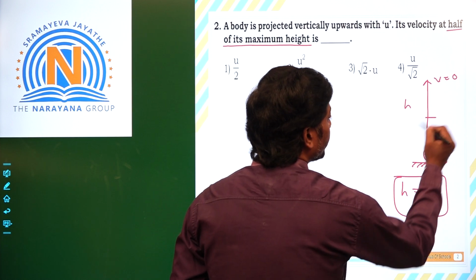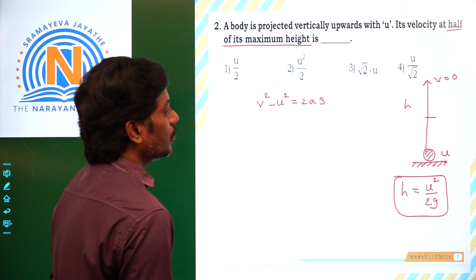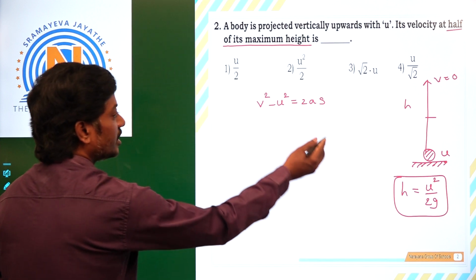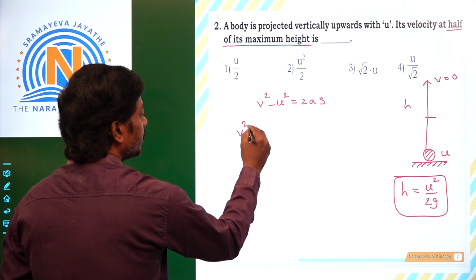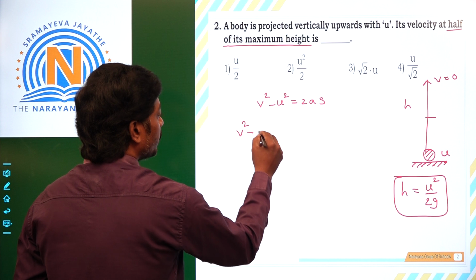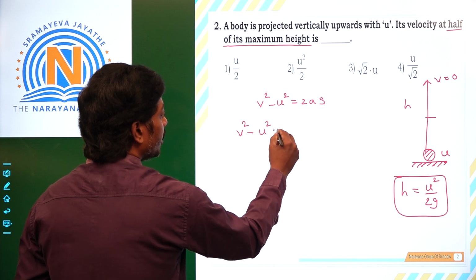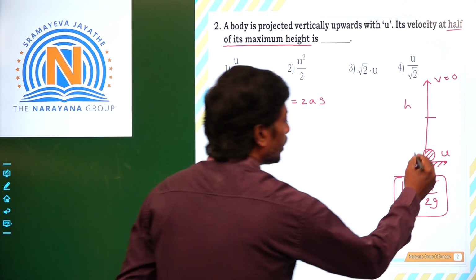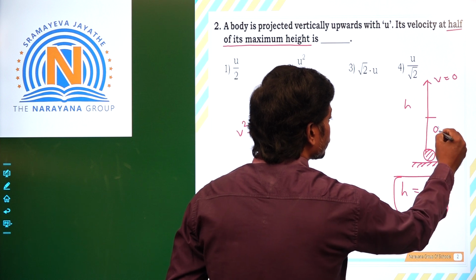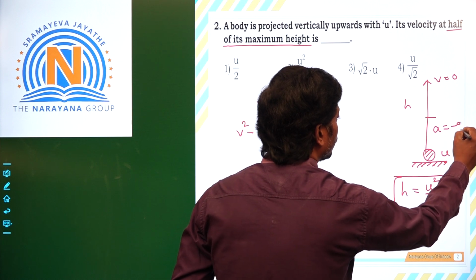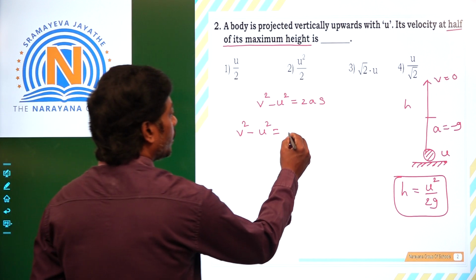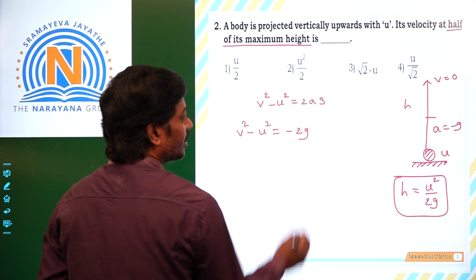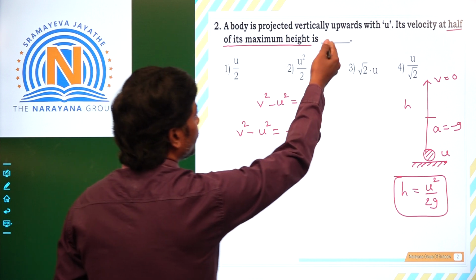Now at half of the maximum height we need to find its velocity. So let's find the velocity by substituting the values: v square minus initial velocity u square is equal to, since the body is going in the upward direction, its acceleration a is equal to minus g. So minus 2g, and the displacement is half of its maximum height.